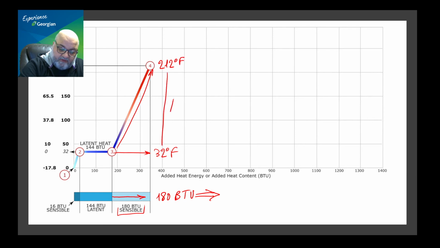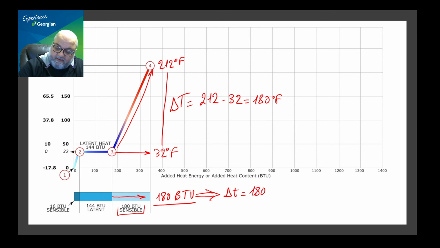This temperature change, delta T, is 212 minus 32, that's 180 degrees Fahrenheit. So adding 180 BTUs caused a temperature change of 180 degrees Fahrenheit.